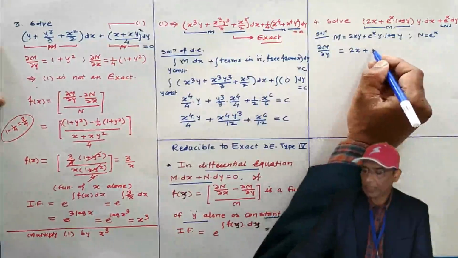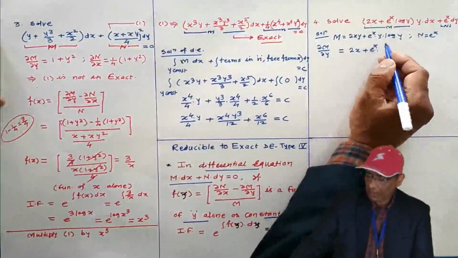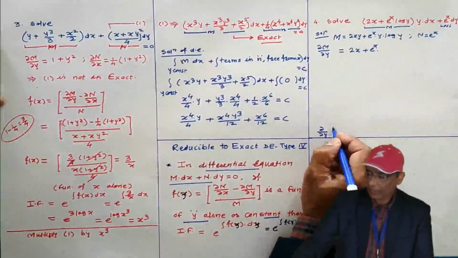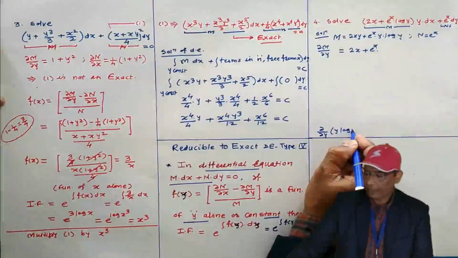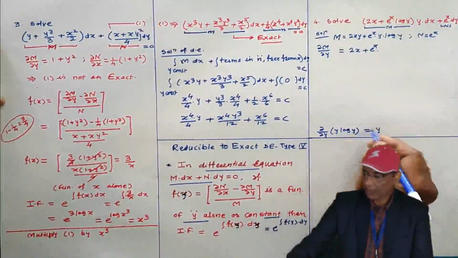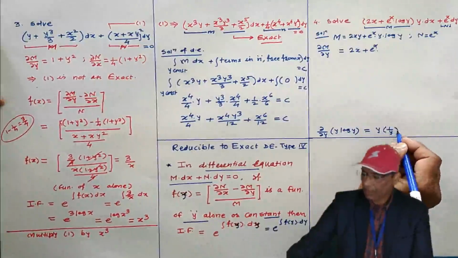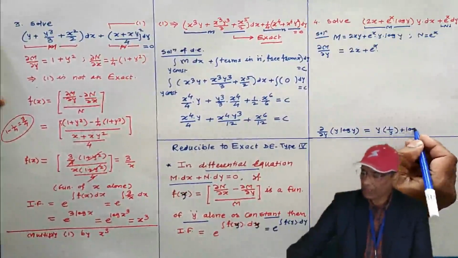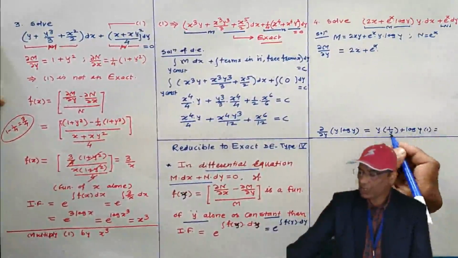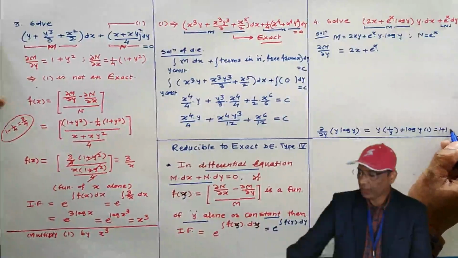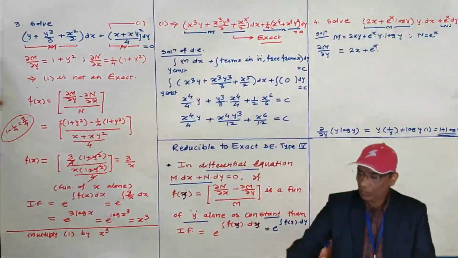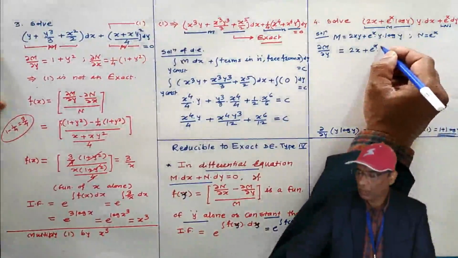E power x is a multiplicative constant, and we need the derivative of y log y. See, I am taking the derivative of y log y separately. We have a product of two terms in y, therefore use the product rule. Y multiplied by the derivative of log y, which is 1 by y, and log y is the second function with the derivative of y being 1. Then y gets cancelled. 1 plus log y is the derivative of y log y. You can write it directly in the example: 1 plus log y.